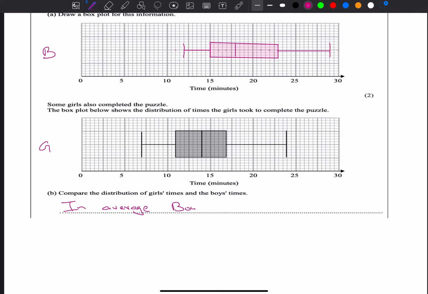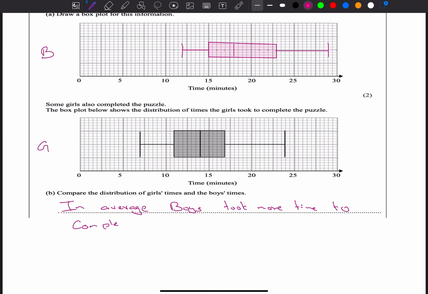Boys took more time to complete puzzles because of a higher median. So what is the higher median in that case? The boys had 16 versus the girls was 15 and then 14, I think.